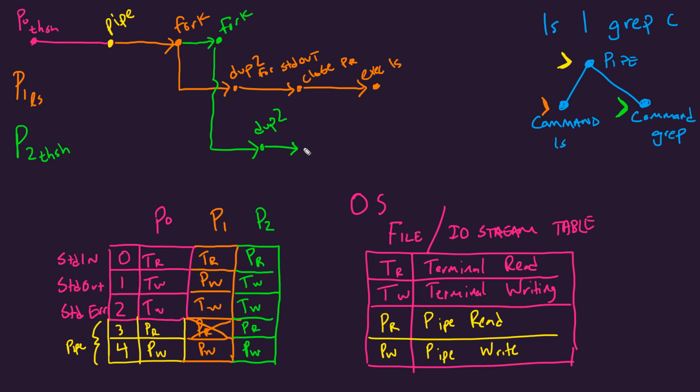And then we also want to be good citizens and close the write end of this pipe. So we would close PW, right? Because we don't need the write end of this pipe here. And then we would exec the grep command, right? So we're going to exec grep and give it whatever arguments it needed, right?